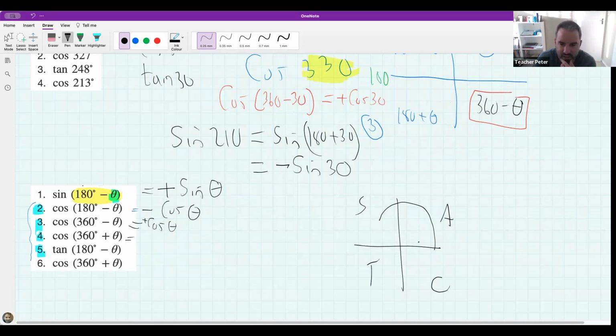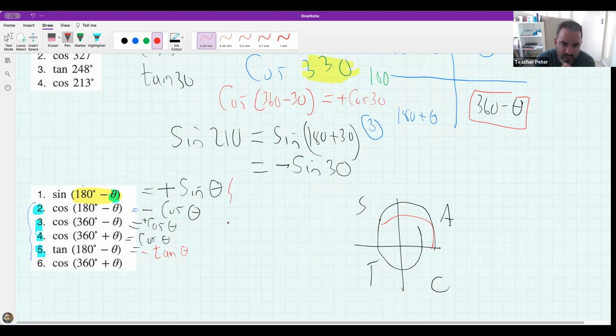Number 4 goes the whole way around, but then it gets into quadrant 1 again, so that stays the cos of theta. And the last one, number 5, 180 minus theta, that's quadrant 2, but tan is negative, so that's minus tan theta.